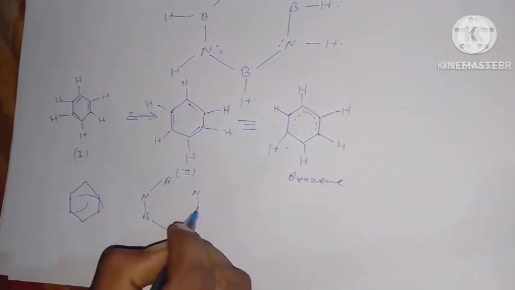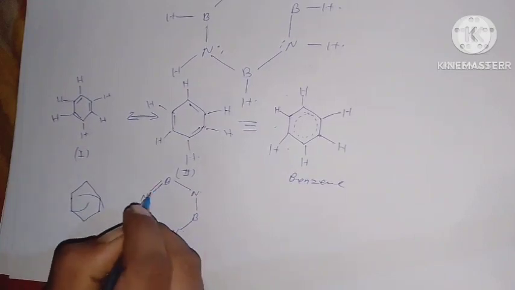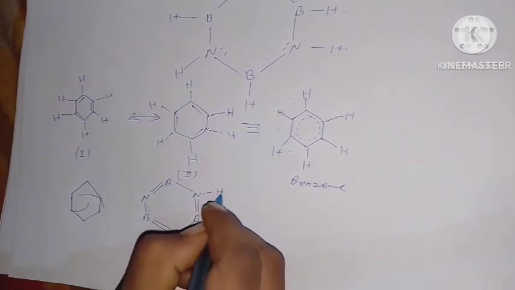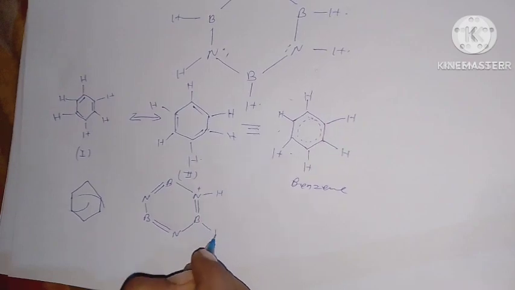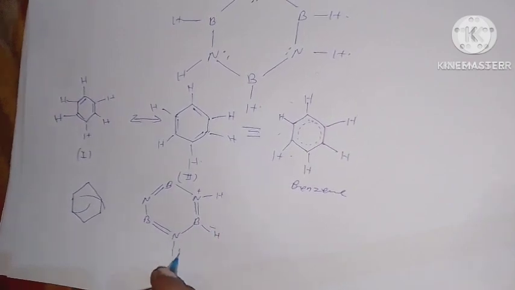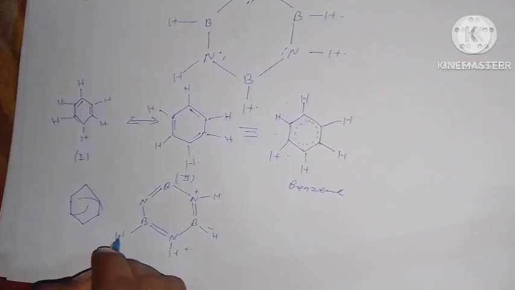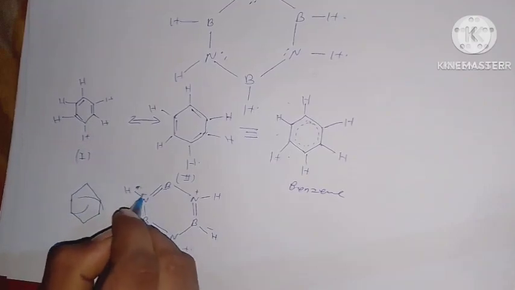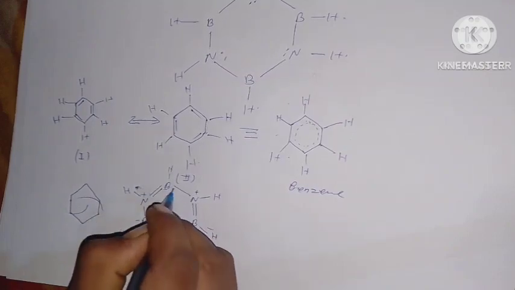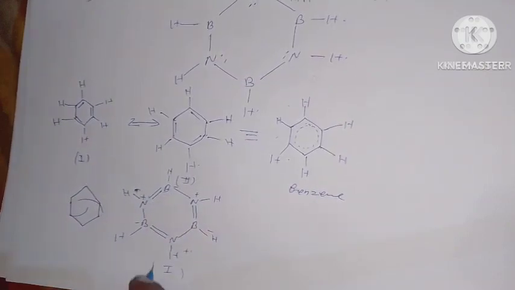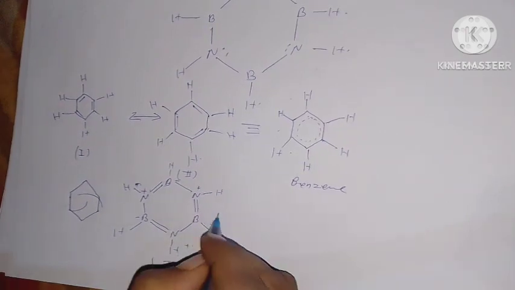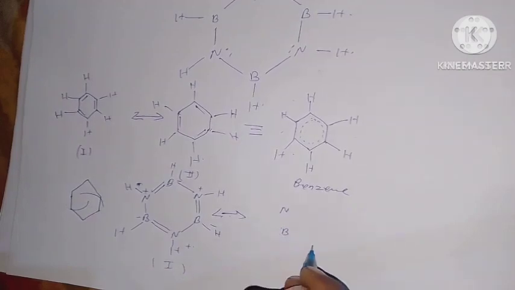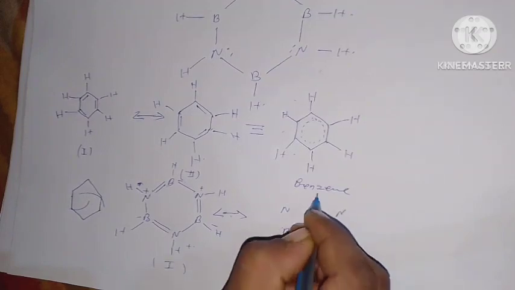Single bond, and after some time, hydrogen plus, hydrogen minus, hydrogen on each atom. Okay, this is the first step. And after that, nitrogen, boron, nitrogen, boron, nitrogen, boron.